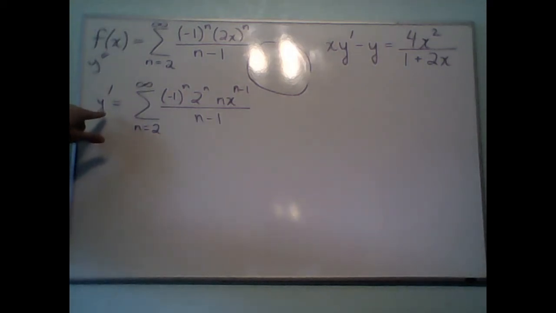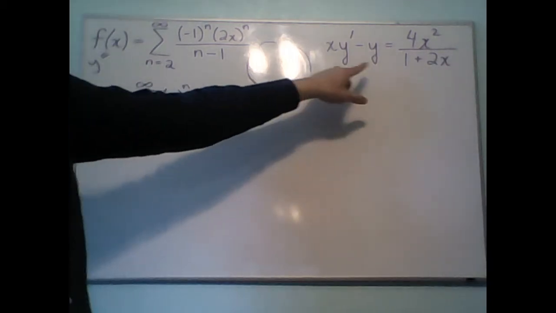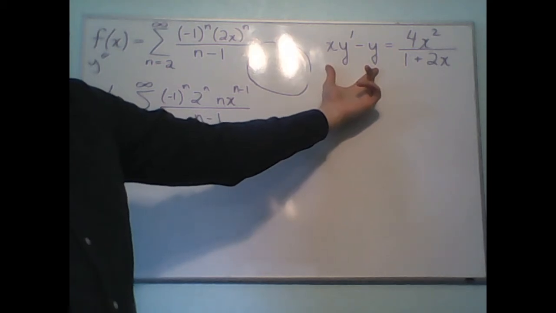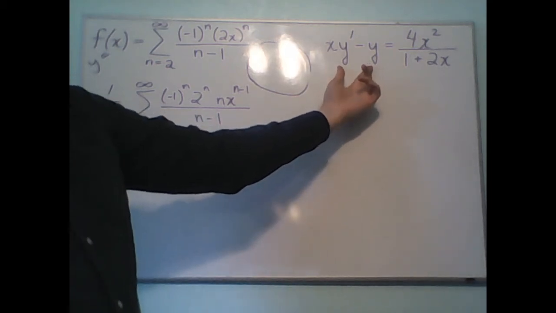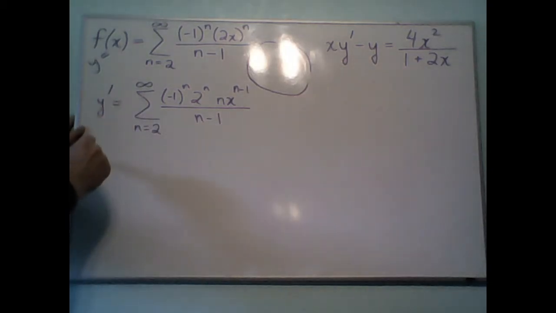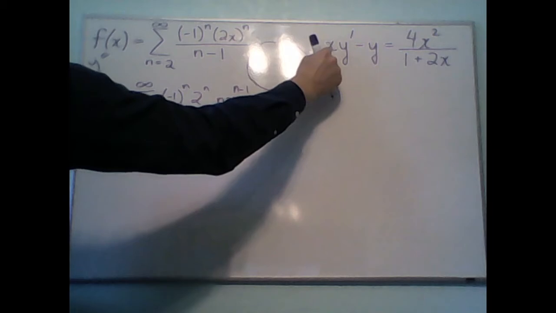And now what I'm going to do is plug these power series expressions for y and y prime into this side here, and hope that I can manipulate it in such a way to get the right-hand side over here. Let's try. I'm going to cheat a little bit, right? This is y prime, so I'm going to write x y prime minus y.